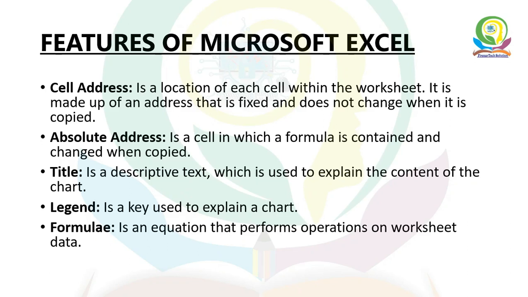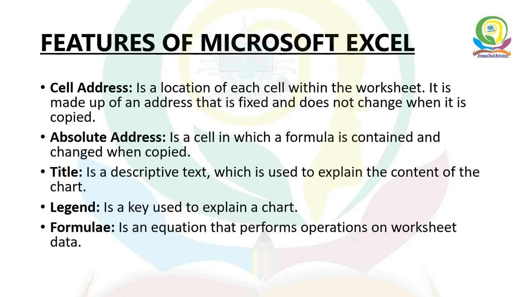Like I said, if it is a pie chart, you put a title, that is the title we are talking about here. Then we also have the legend. The legend is a key used to explain a chart. So we put in some key information when you use different colors to identify maybe a group of things that you use for your pie chart or your histogram or your bar chart.